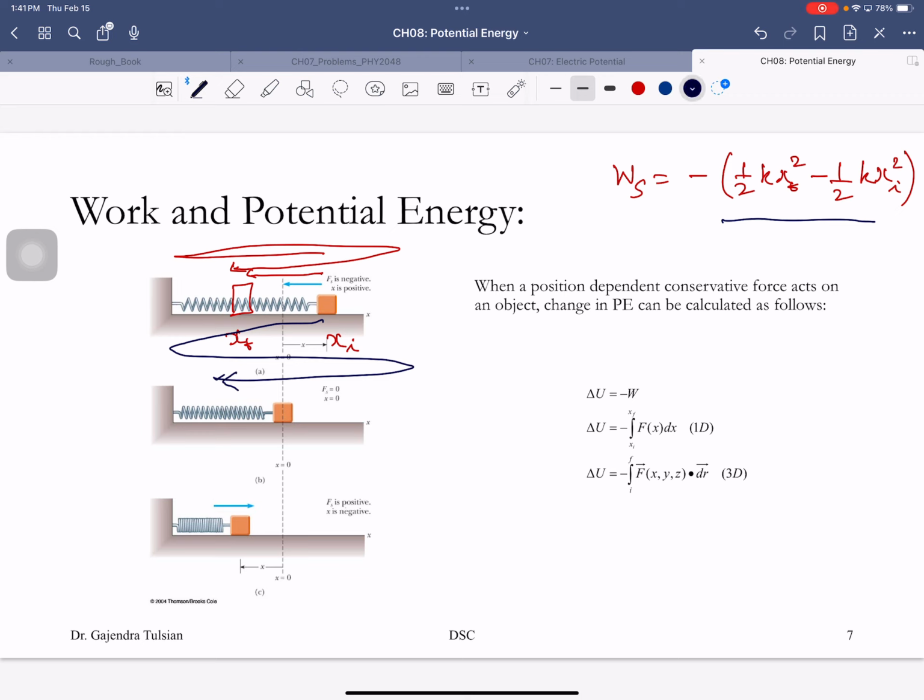This might look strange, but the work done is calculated like this, dx, initial to final point, and this is defined as change in potential energy. This is in 1D.